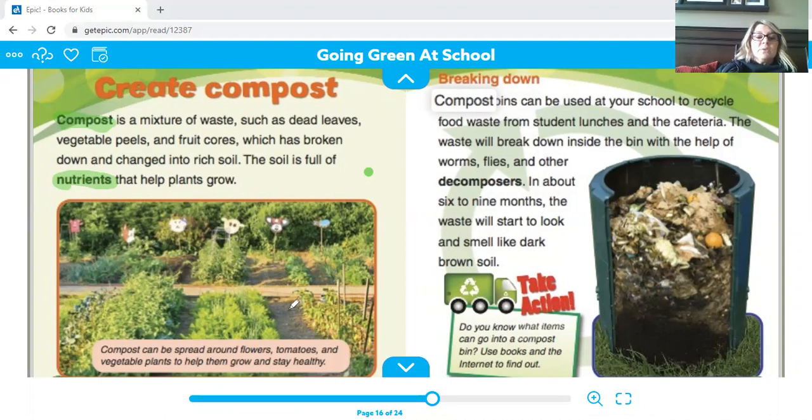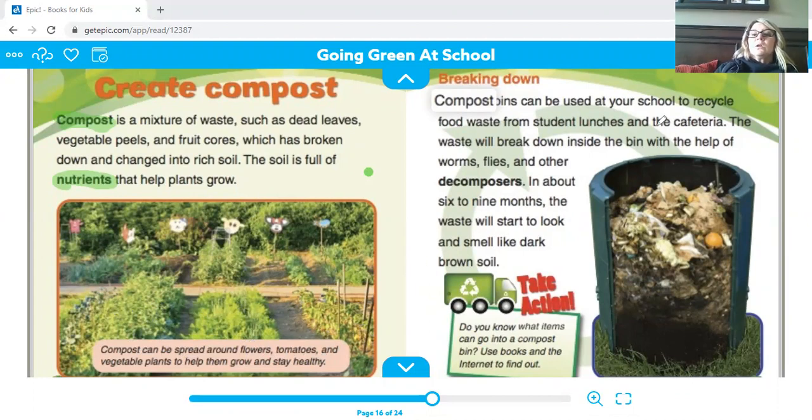And I'm looking down here at pictures to help us. I'm thinking that right here might be compost. And we can see all those beautiful plants and how they might be getting nutrients to help them grow. It says here, compost can be spread around flowers, tomatoes, and vegetable plants to help them grow and stay healthy.